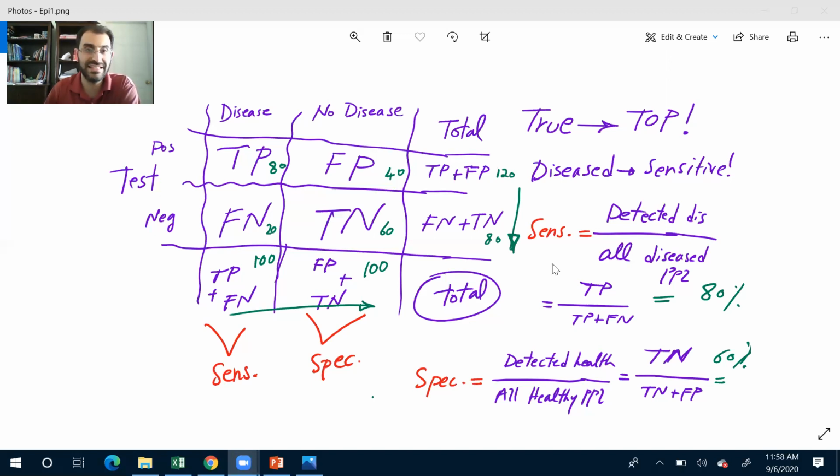Then sensitivity. Ladies and gentlemen, sensitivity is very easy. Do you agree that diseased people are a little bit sensitive? If I have flu, if I have a cold, I might be a little bit sensitive as well. You didn't get the total?